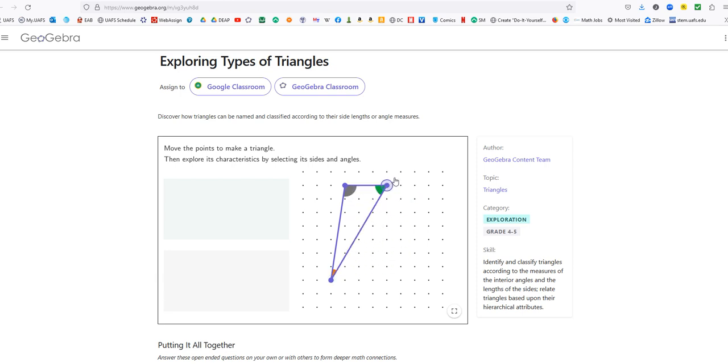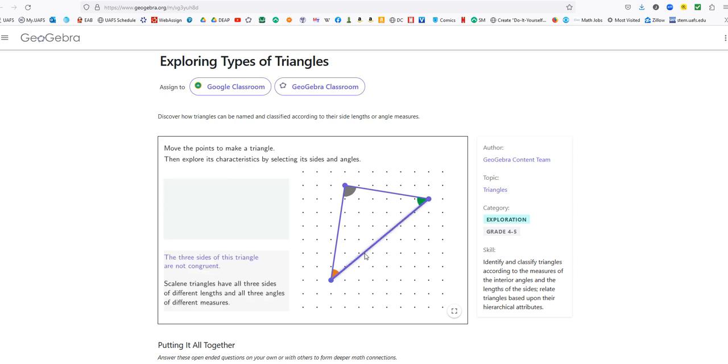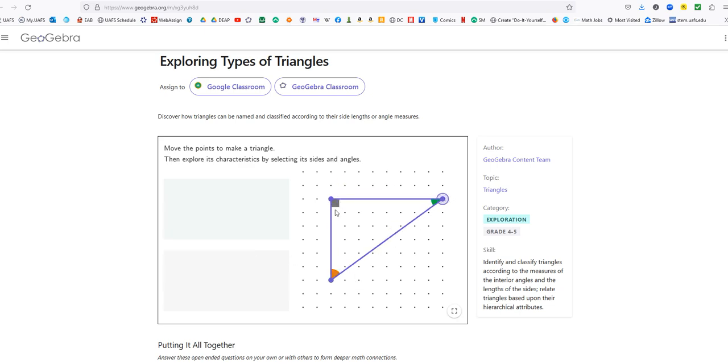So the idea is we can look at this here, and if we click on things, this is an acute triangle there, and if we click on the sides, the three sides are not congruent, none of them, so it's a scalene triangle. And we could just say, okay, try to make something, like try to make a right triangle. So there's a right scalene triangle. Okay.